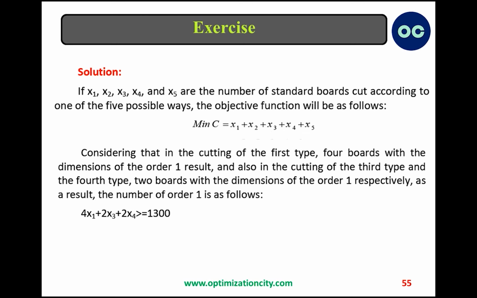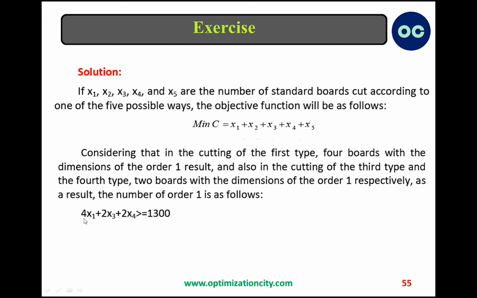Since 4 boards with the dimension of order 1 result from the cutting of the first type, and 2 boards with the dimension of order 1 result from cutting the third and the fourth type, we calculate the number of order 1 as follows.